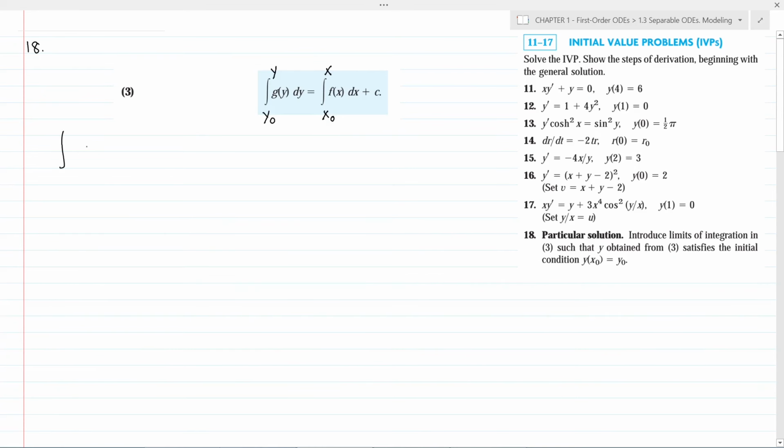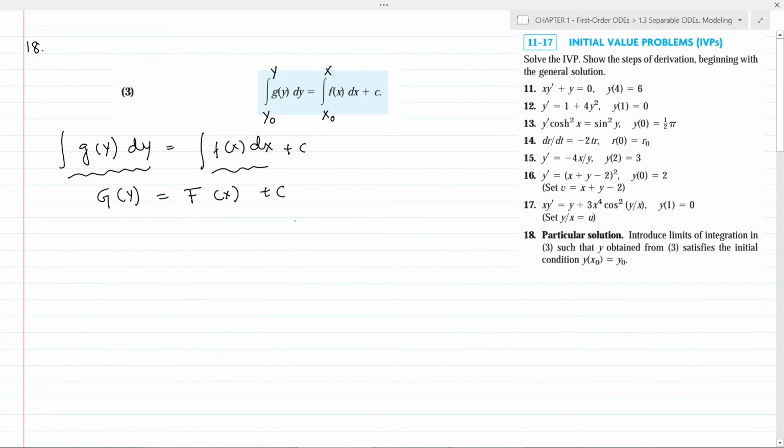The equation 3 in the book gives us g of y dy equal to integration f of x dx plus c. Now, let us assume that integration of g of y dy is capital G of y and integration of f of x dx is capital F of x plus c.